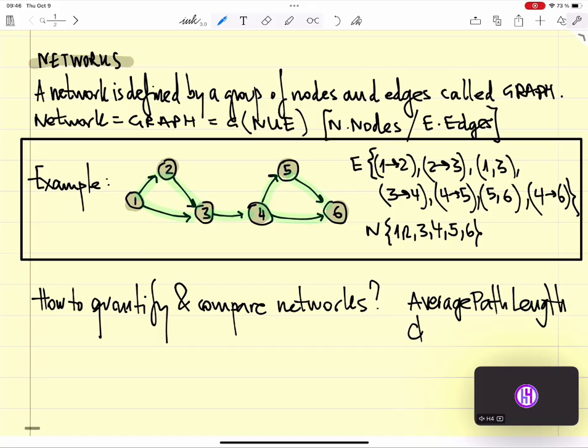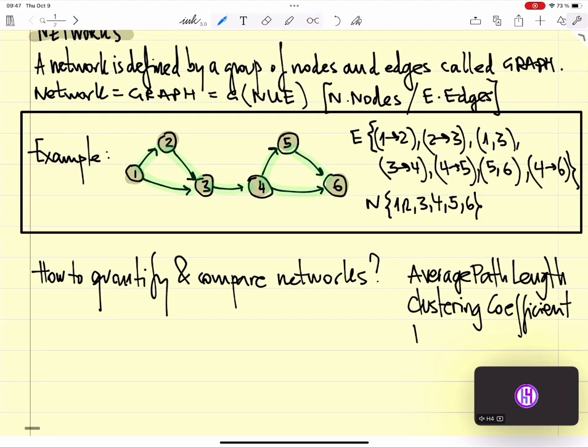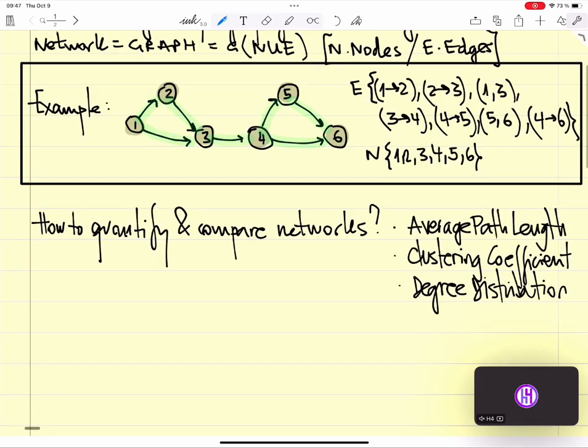The second one is called clustering coefficient. The third one is called degree distribution. Okay, 3 KPIs, and then we will look at the Laplacian matrix of the graph. So this will be our lecture today. Okay?